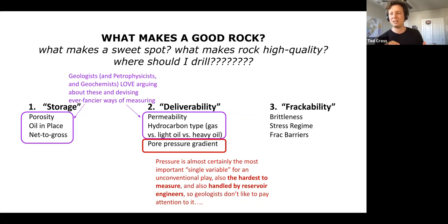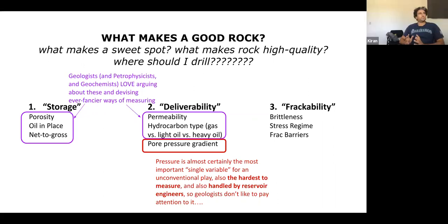And the only reason that it's not considered more by the geologists who are, say, telling you where to drill is that it's hard to measure, first, and second, that the reservoir engineers are the ones who handle the data type. And honestly, I think a big reason why geologists don't consider pore pressure as much in their own analyses is because they just don't handle the data and the reservoir engineers handle it, and they just don't like to integrate it.